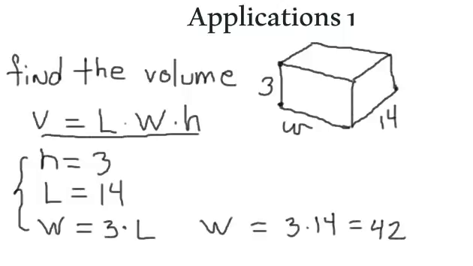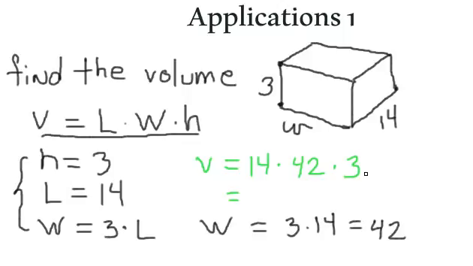I'm going to use a different color. So the volume is equal to the length, which is 14, times the width, which we said was 42, times the height, which is 3.